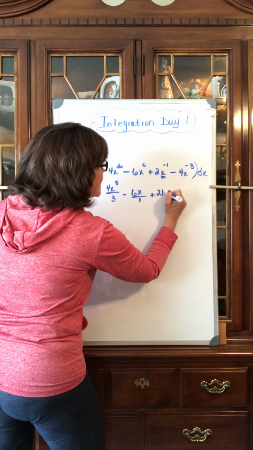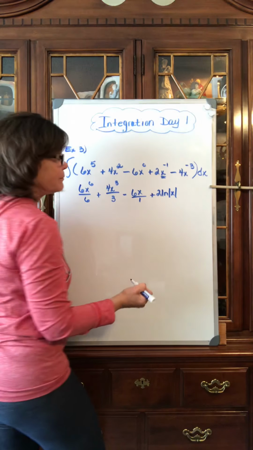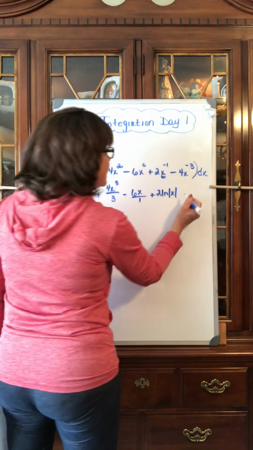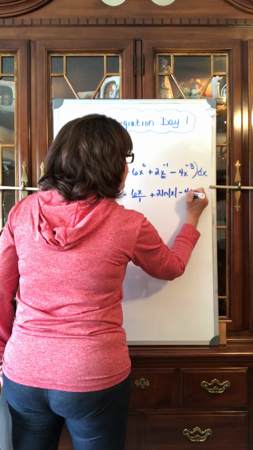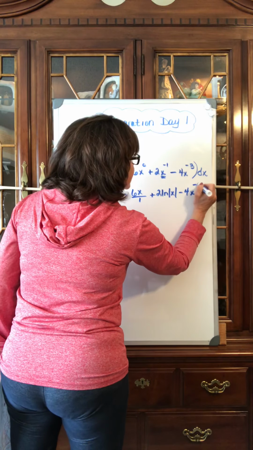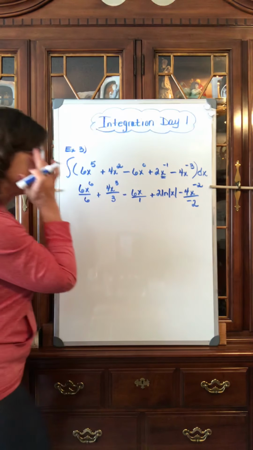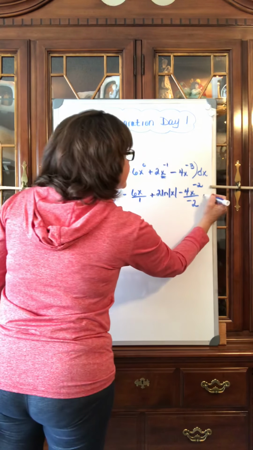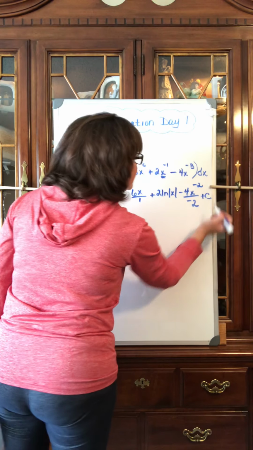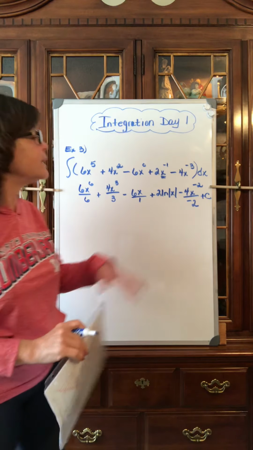So it's 2 times the natural log of the absolute value of x, and then minus 4x, add 1 onto your exponent, that becomes a negative 2, divided by the new exponent, negative 2. And then don't forget, because it's an indefinite integral, you have to have a plus c at the end of it. It's part of your answer, because the original function could have had a constant.